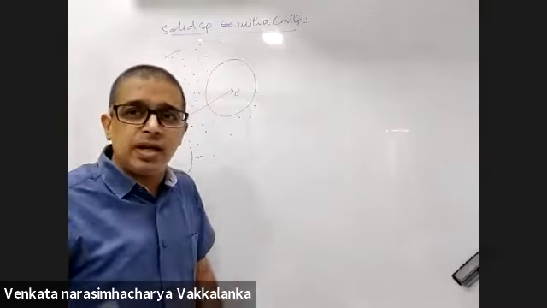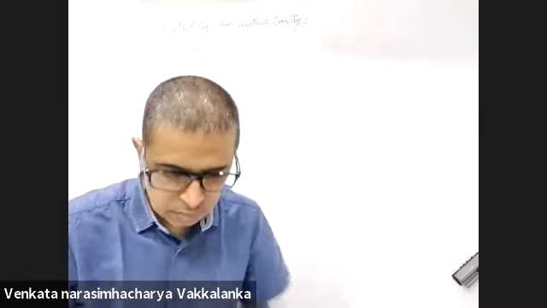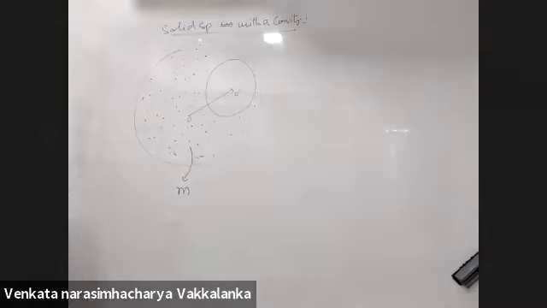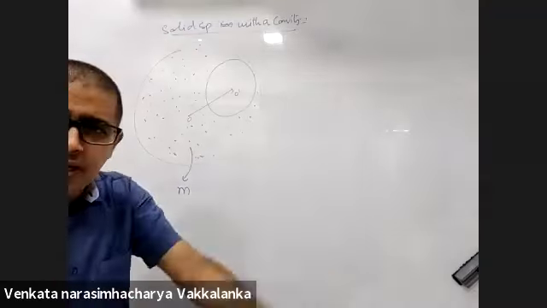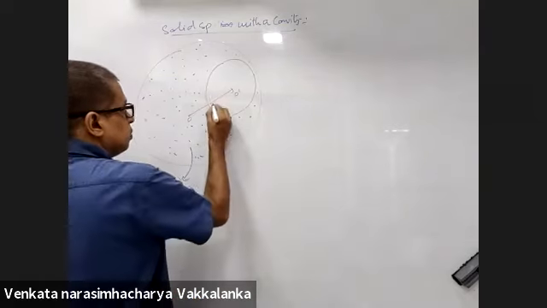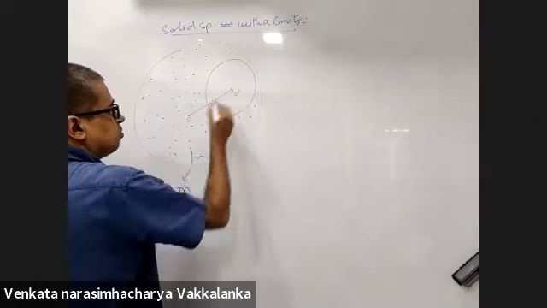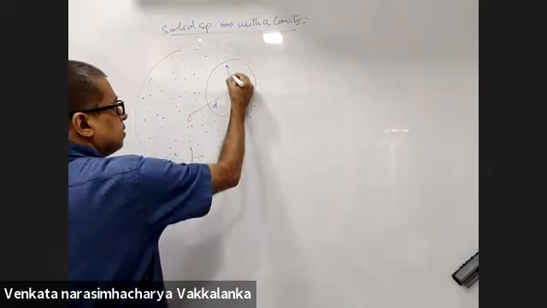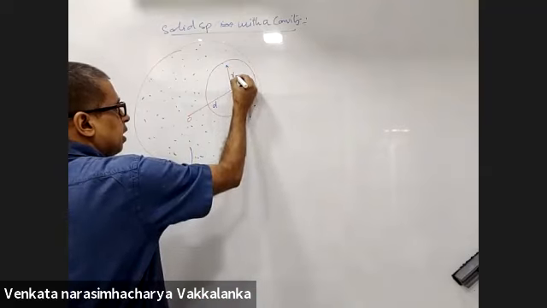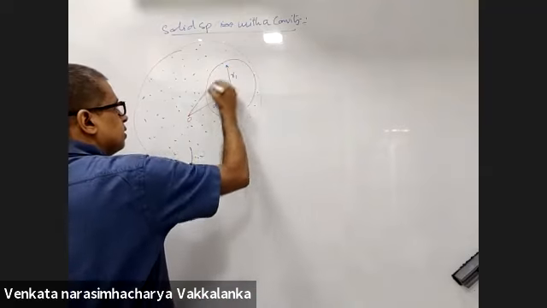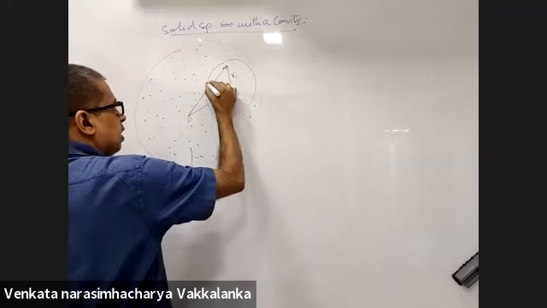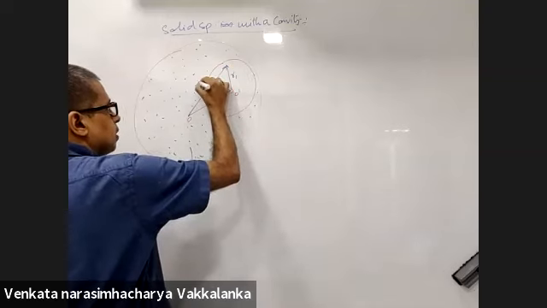What are you interested in? I'm interested in the field. Where are you interested in? Inside the cavity. Where inside the cavity? Anywhere inside, you tell me the value. I take this distance to be d, this distance to be r1, this distance to be r2.